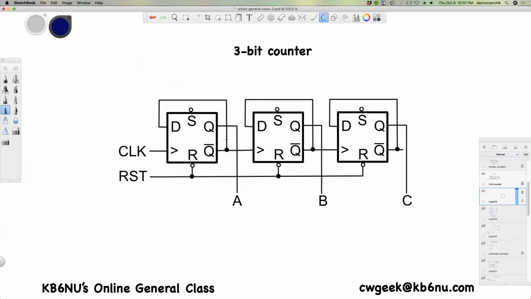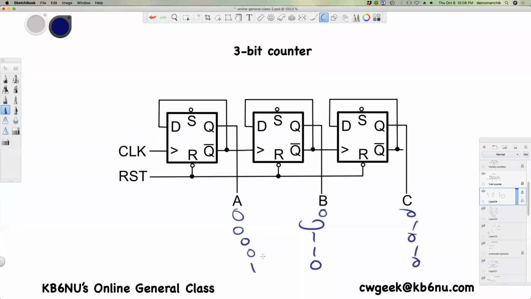If you connect 3 flip-flops in this way, you'll count the number of clock pulses. These outputs, A, B, and C, can have up to 8 different states: 0,0,0, 0,0,1, 0,1,0, 0,1,1, 1,0,0, and I'm running out of room here, but there's 8 different states.